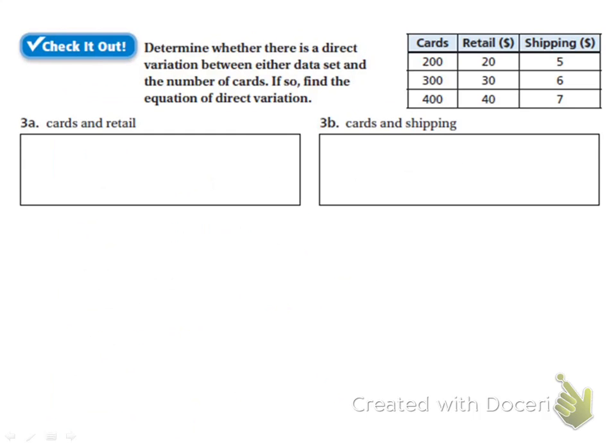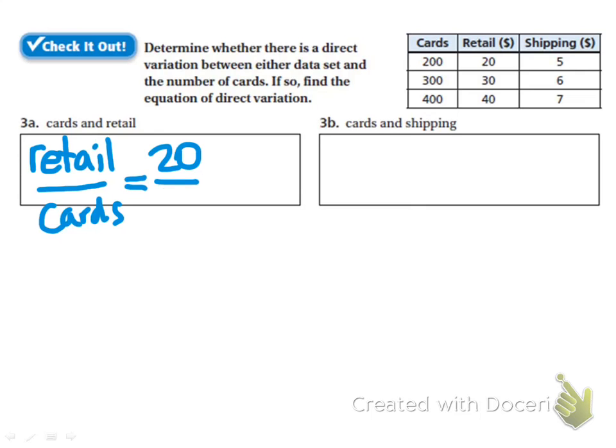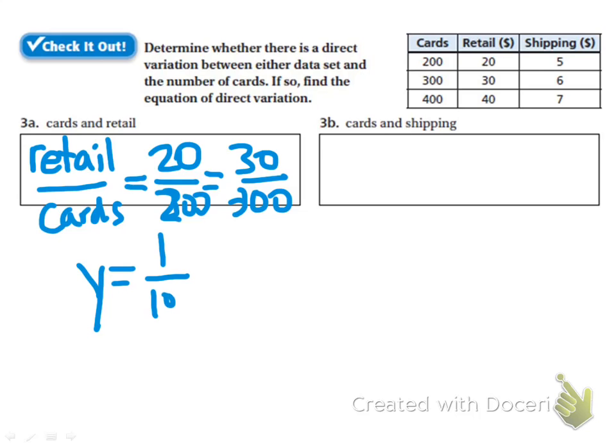Okay, please pause the video. I'd like you to do 3A and 3B on your own. You should have done retail over cards to find that there was a ratio 20 over 200 equals 30 over 300. So then your equation should have been 1/10 times x.